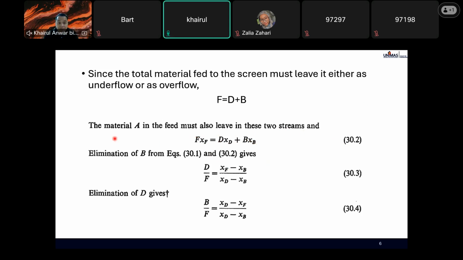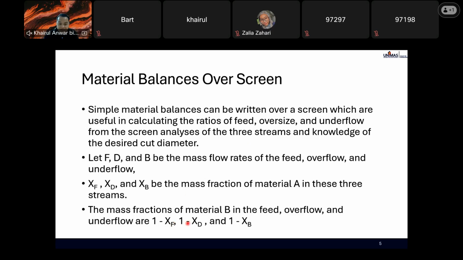If it's material B, then F(1 minus xF) equals D(1 minus xD) plus B(1 minus xB).